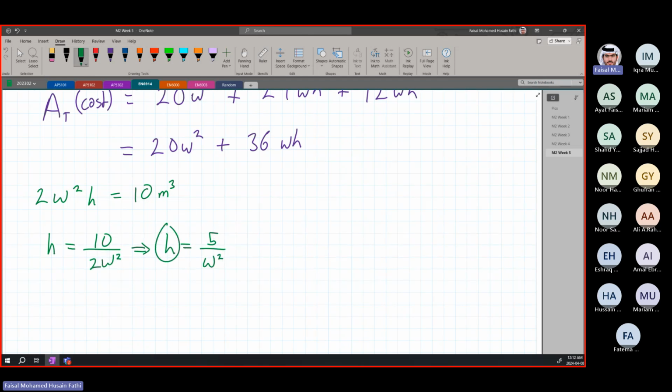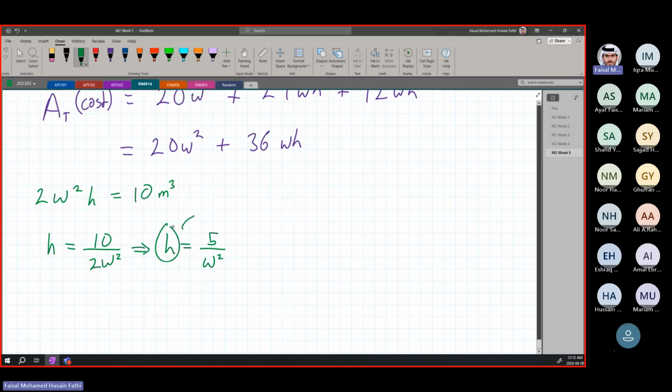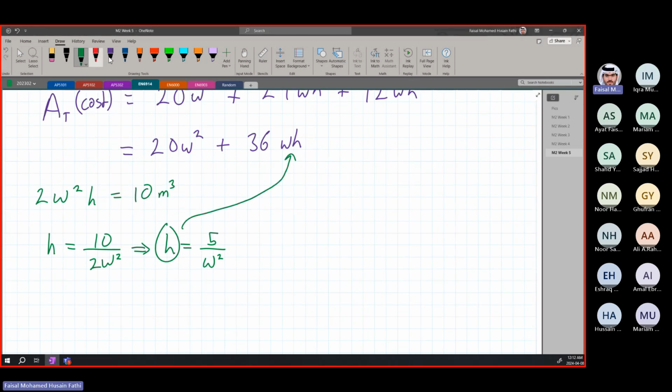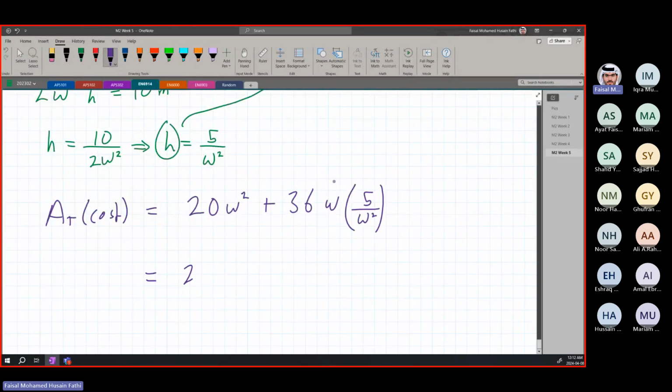And now we substitute this H into the area equation up here. Okay, the cost of area. So now total cost is going to be equal to 20W squared plus 36W times 5 over W squared. We can simplify this one more time. 20W squared plus 36W, and W squared will become 36 times 5.